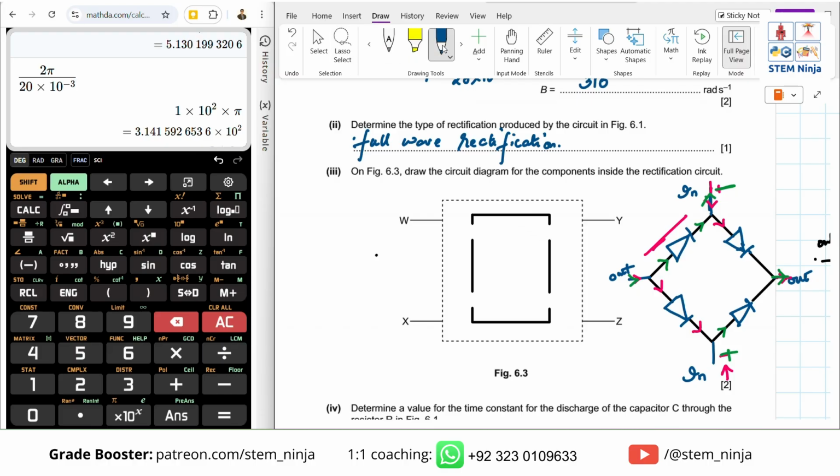So for example, if this is your output, sorry, this is your input, this is your input. Actually, what we should have done is adjusted the heights of this rectangle, but anyways, never mind.